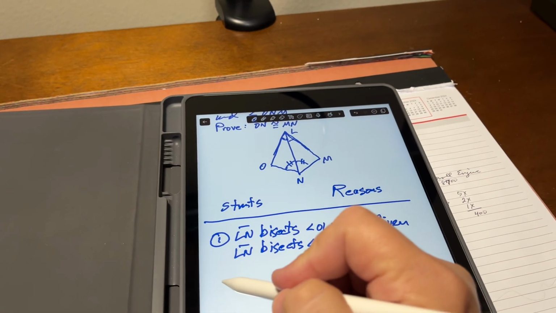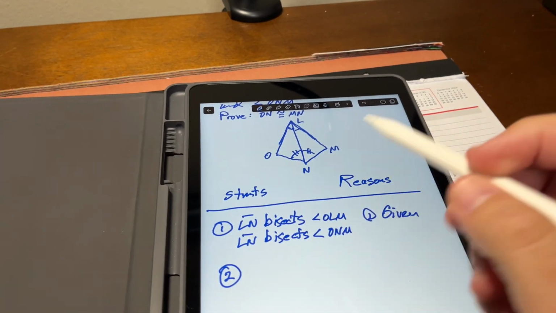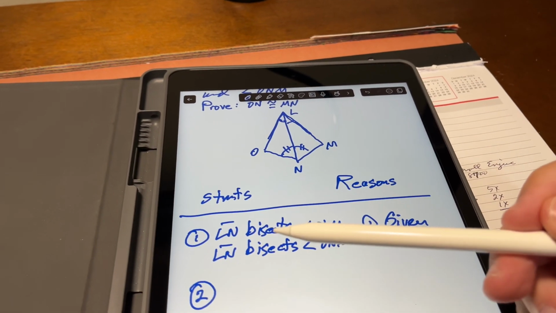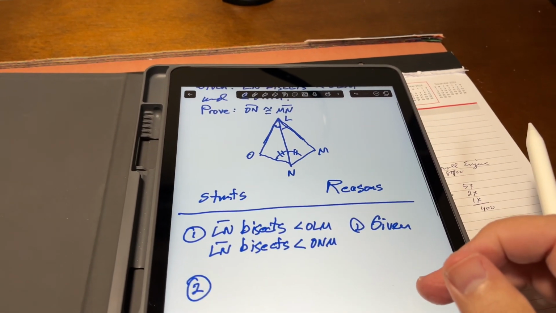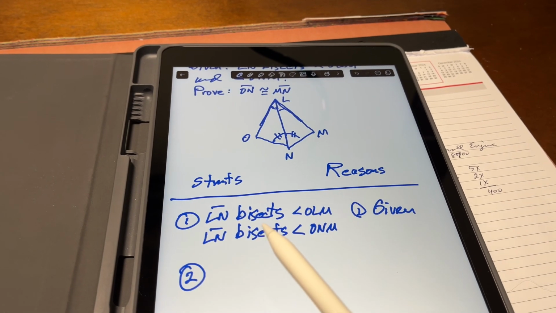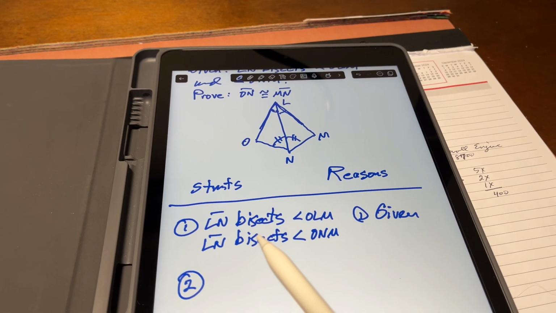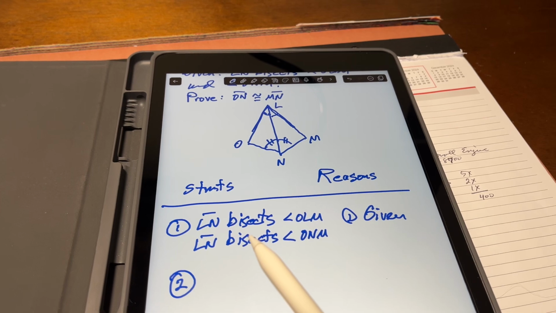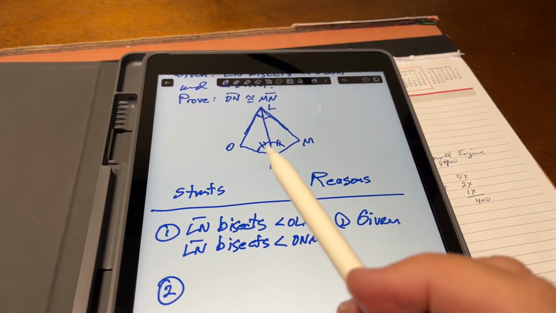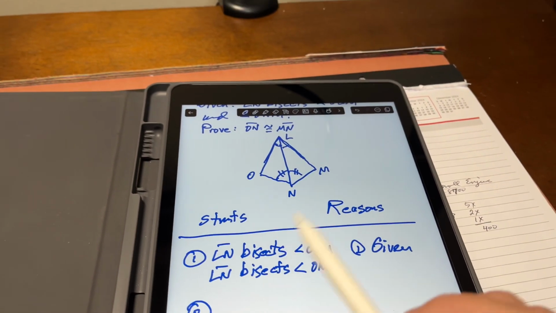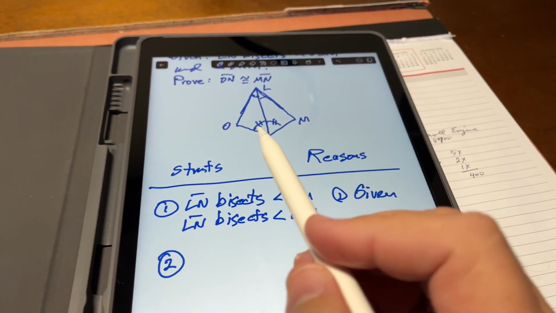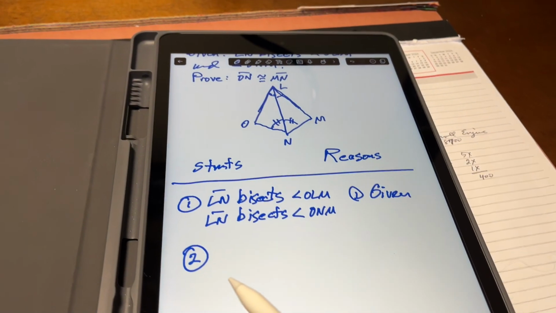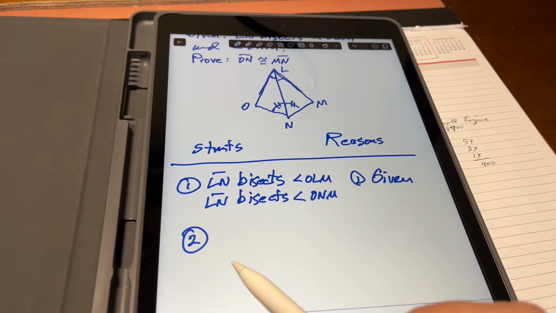So the next thing, if they've told me that line LN bisects these angles, the very next thing I want to do is show that I understand what that means. What does it mean that a segment bisected an angle? Well, it means what I've drawn up here. So that's what I want to do as my next statement. I did it by drawing it, but now I want to expressly state that here as a statement.